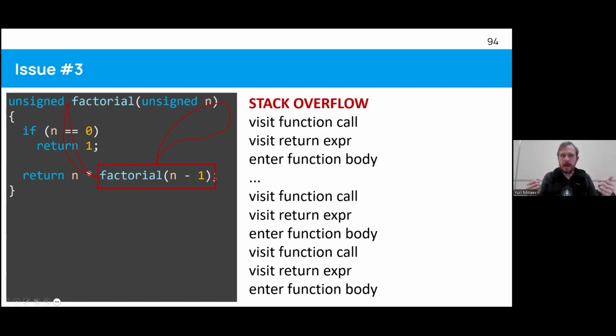It will grow, and there's no real way to predict when you will crash if it goes on for too long. Without recursion, with low recursion depths, like let's say we try to calculate the factorial of 3, it's not a problem. But if it goes long enough, you will crash.